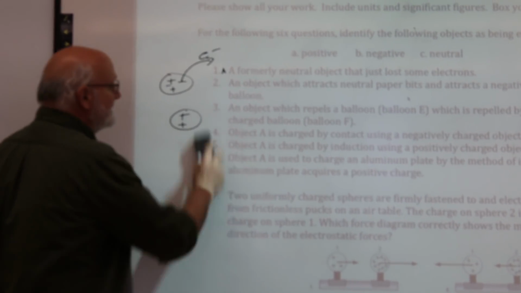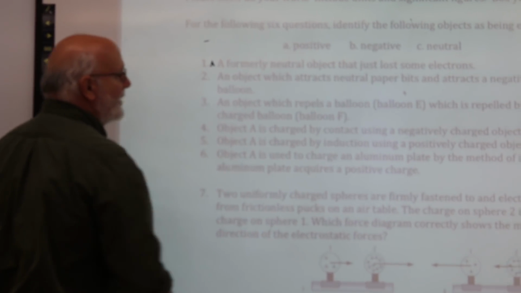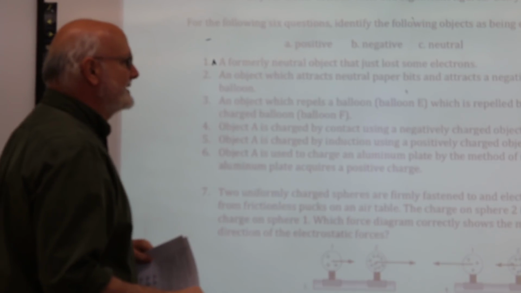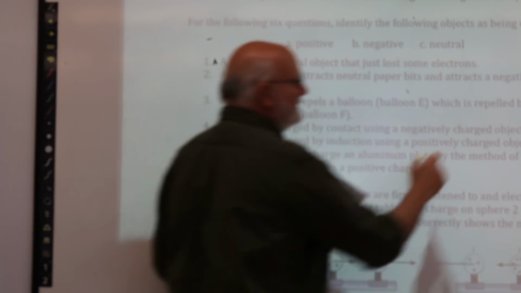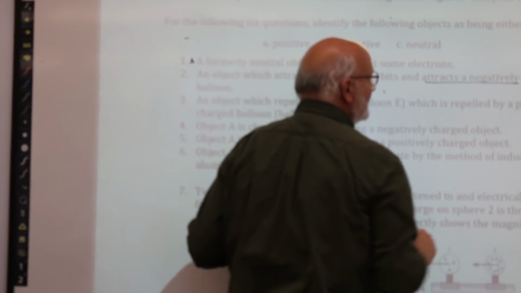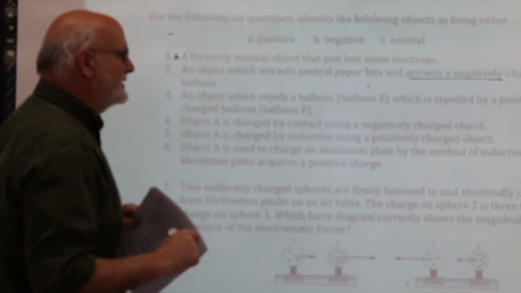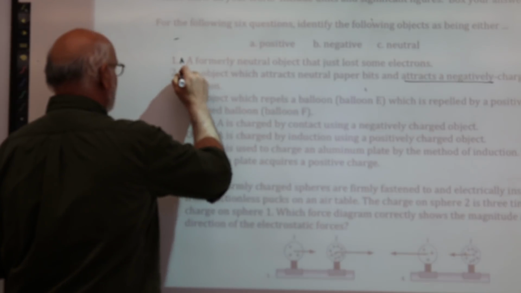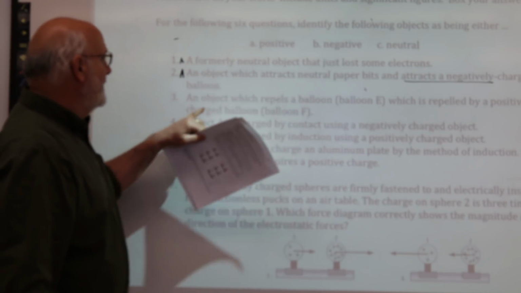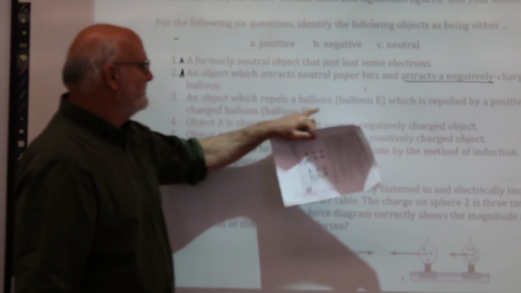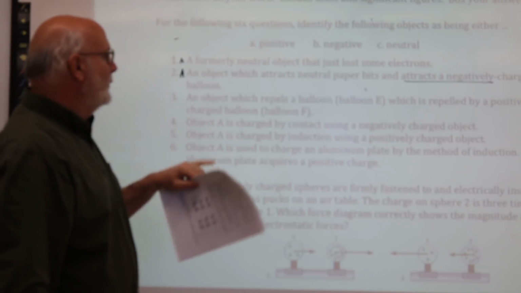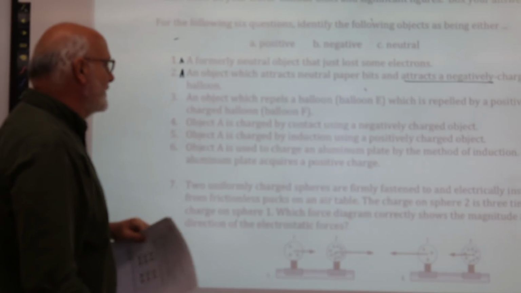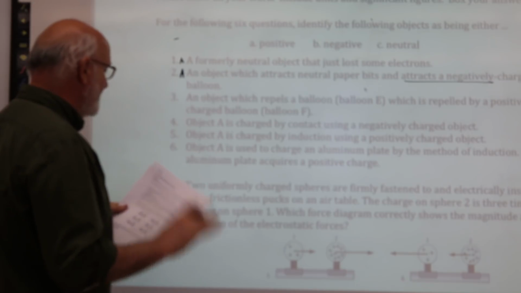Next one, it says, an object which attracts neutral paper bits and attracts a negatively charged object. There's the key: attracts negative. If it's going to attract negative, that means it's got to be positive. The next one, an object which repels a balloon which is repelled by a positively charged balloon. So let's think about this.